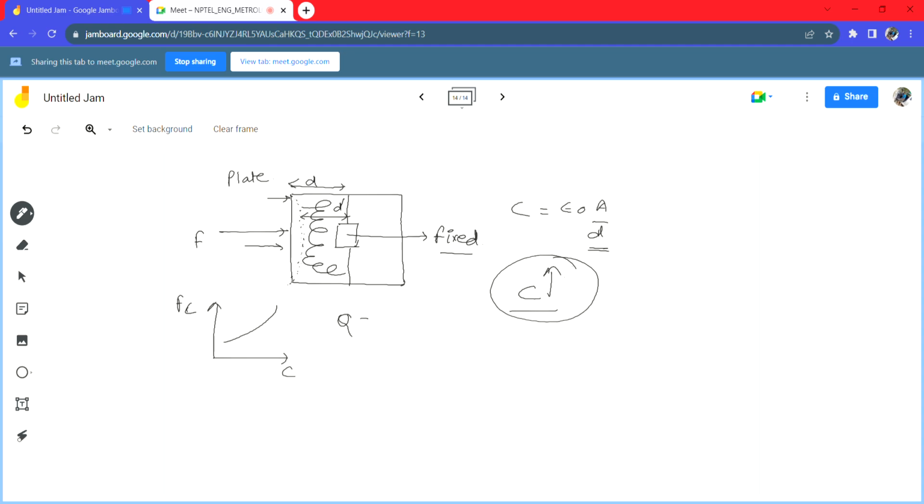And with the increase in capacitance, we know that the charge on the capacitor Q is equal to CV, so that C is Q by V. So once the C is increasing, this voltage will start to dip down. So with the compressive forces, the voltage would be reducing.